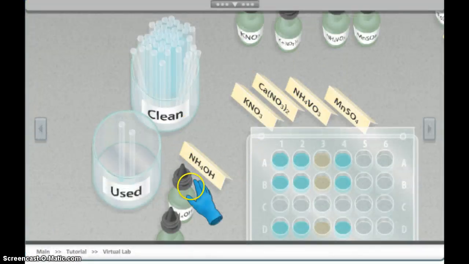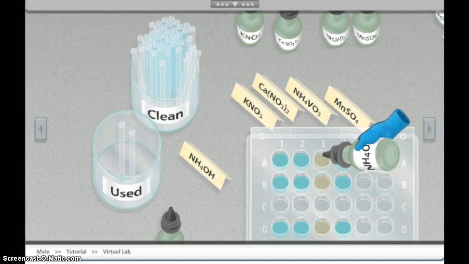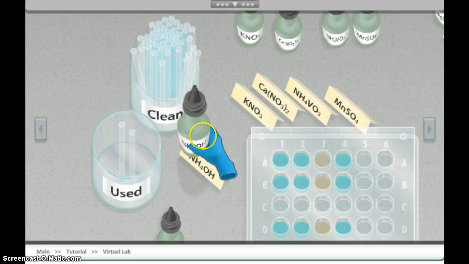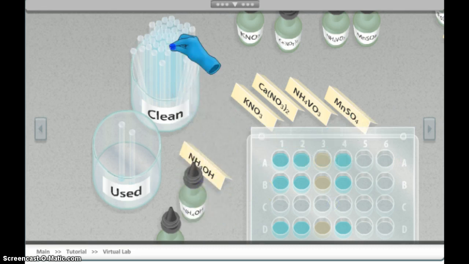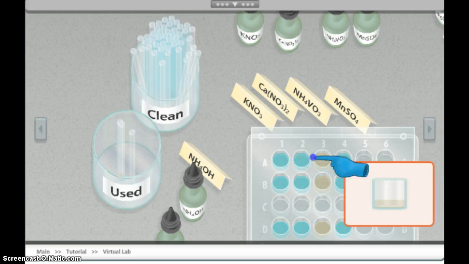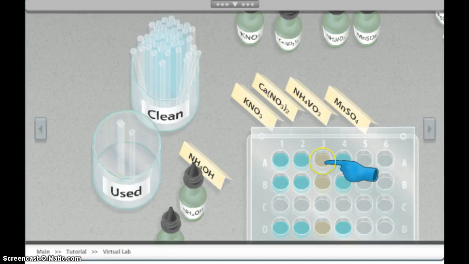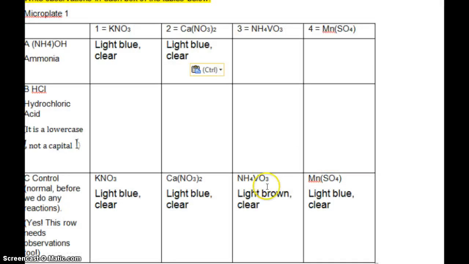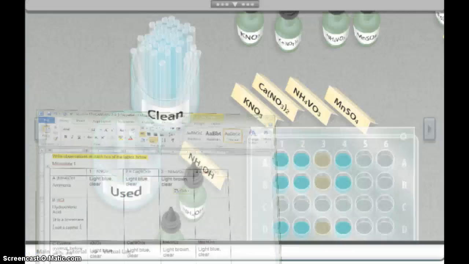All right, let's try some ammonia with the ammonium vanadate. And we'll mix. And we'll compare. So what are we going to write for this observation? Yep, doesn't look like it did anything.